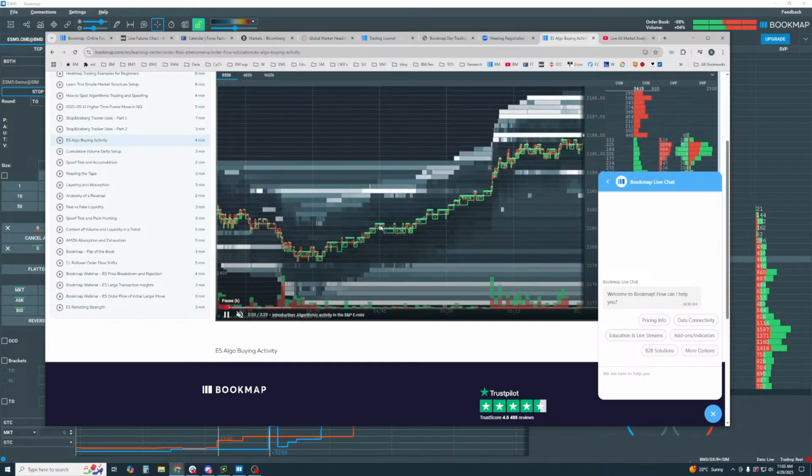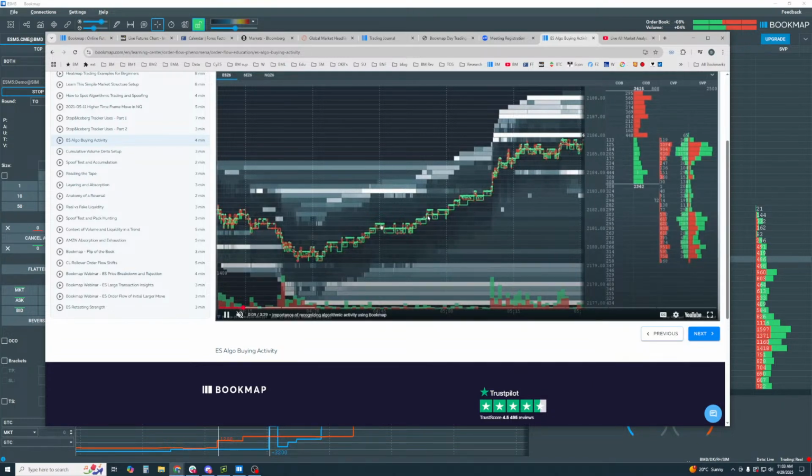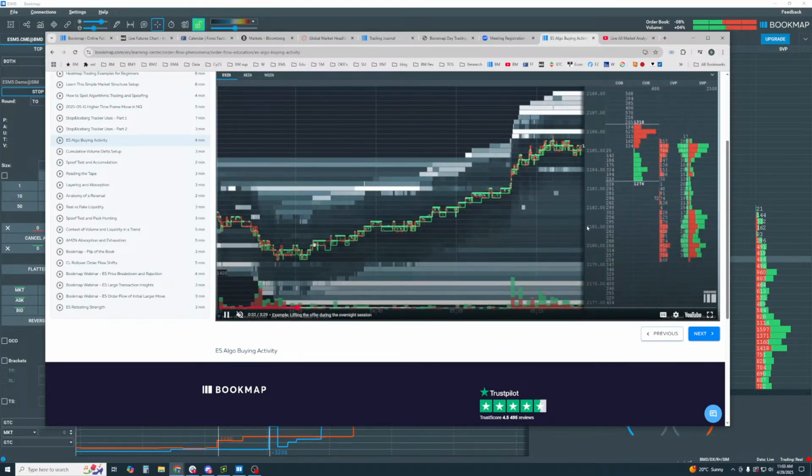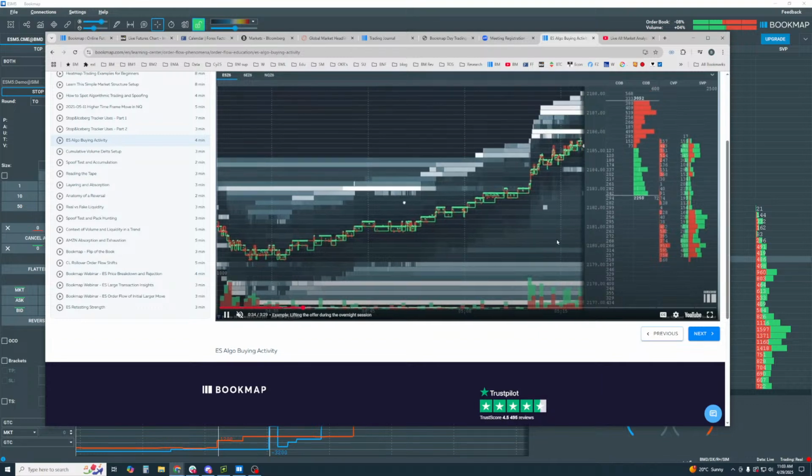See the green line up here? This is the best offer, but this is an older version of Bookmap, so you know the volume dots setting in here, and this is pre-market, in fact. But they're just accumulating, and then the price goes up a little bit, and they accumulate. This was pre-market, but it was an inflection point, an important area later, because price really went up that day and for several weeks after.